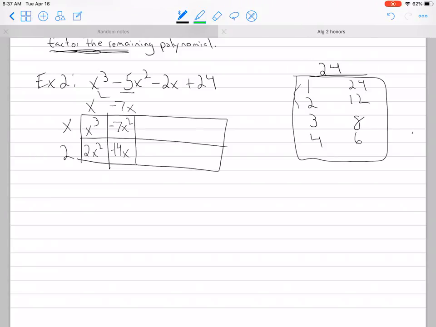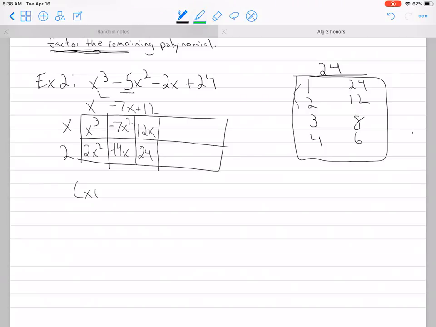Okay. So again, I now know that this right here needs to turn into a negative 2x. So I need a 12x here. This becomes 12. Negative 7 plus 12, yep. And 12 times 2 is, look at that. We are good to go.